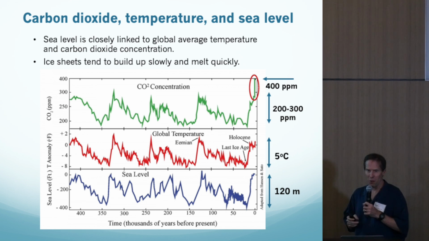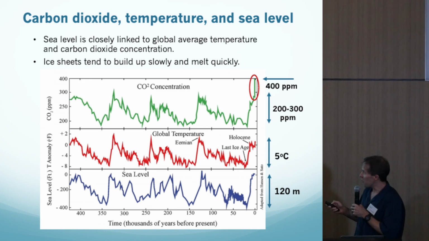If you look back over the last several 100,000 years from records we have in ice cores, this particular ice core from Antarctica, you can see that carbon dioxide and global temperature and sea level are very closely correlated. In the past, temperature and carbon dioxide, one reinforces the other, and those have typically risen in tandem. But recently, of course, with human contributions of CO2, it's the CO2 that's driving the temperature increase.